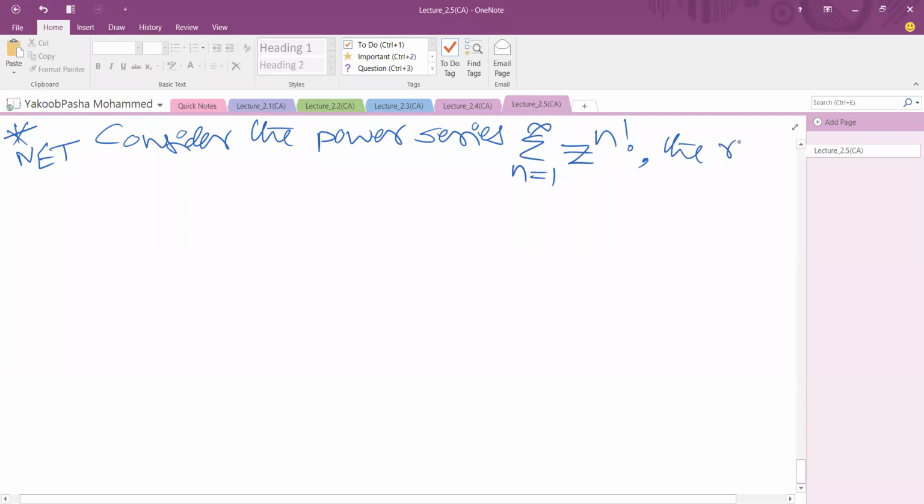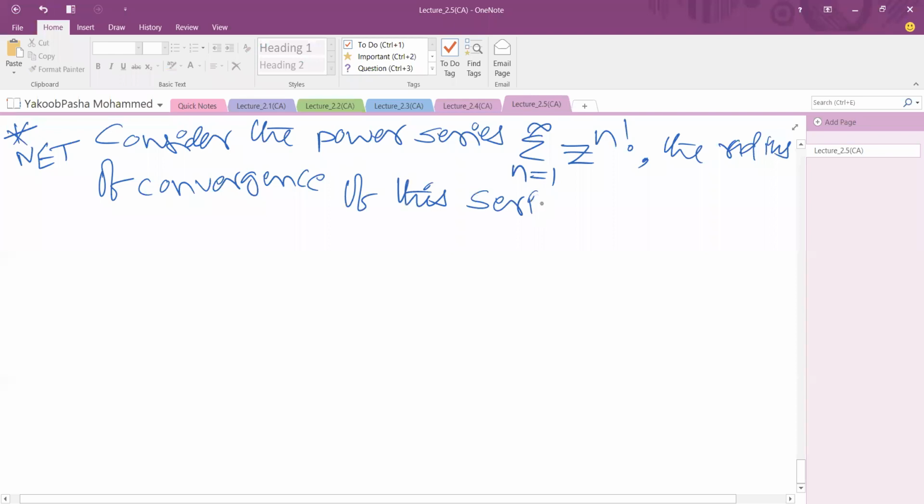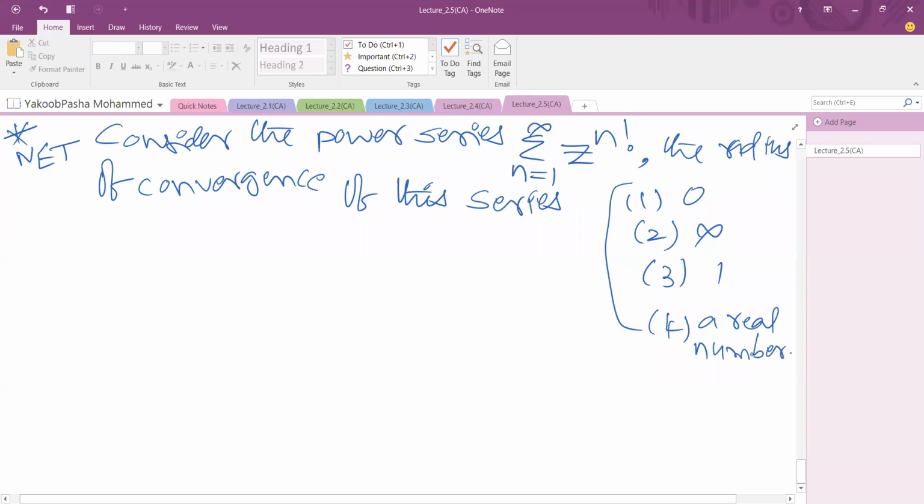The radius of convergence of this series, this is the question. Okay, we have options here. First option 0, second option infinity, third option 1, fourth option is a real number. These are the options we have.